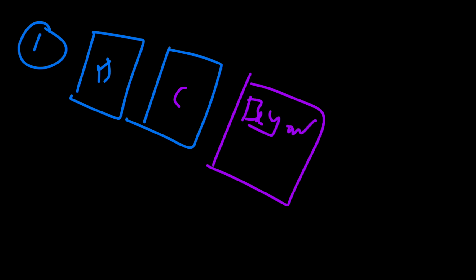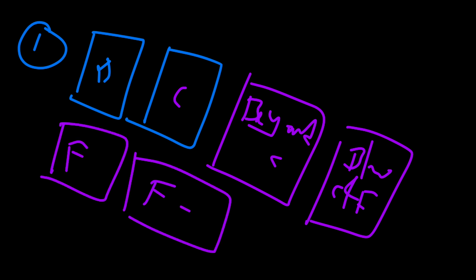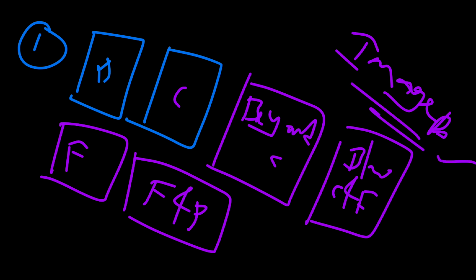For this, we're going to prepare some cards: object at infinity, object at C, object beyond C, object between C and F, object at focus, object between F and P. Then I'm going to ask the students to match the image position, nature, type of image, and also the size of the image.